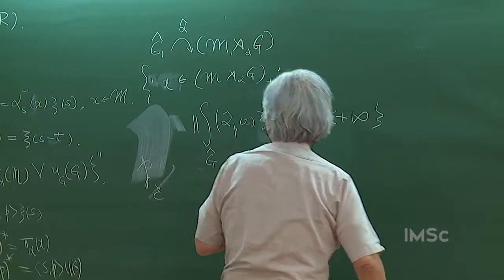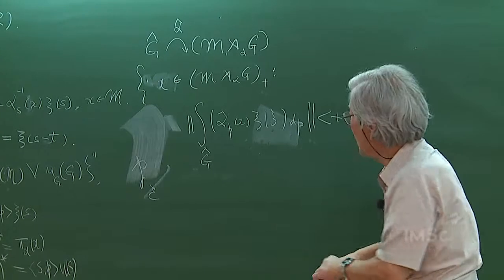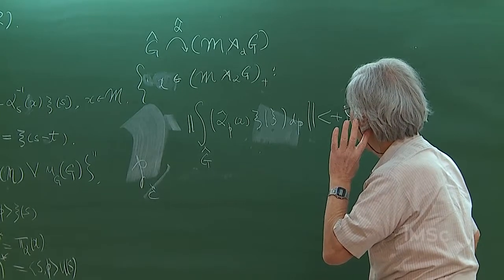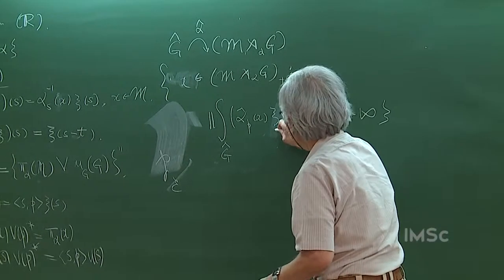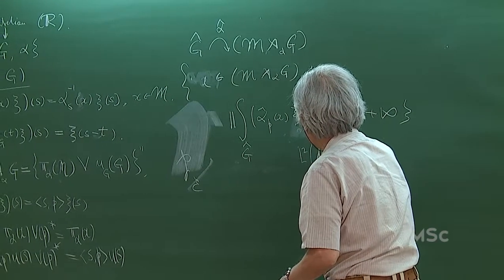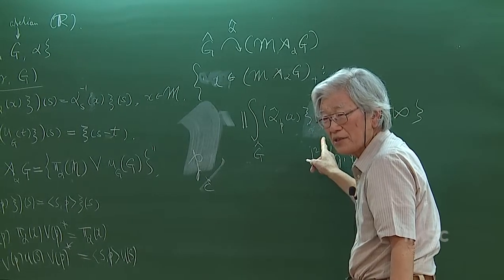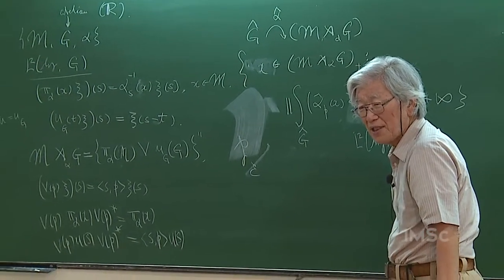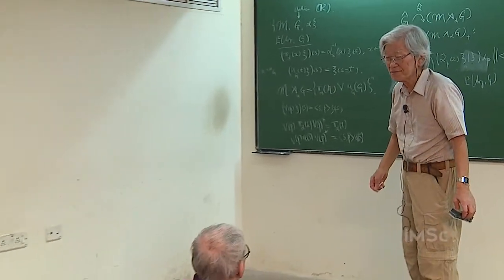For every Xi, it is a scalar. You've taken an inner product, and this Xi is in L2(H, G), so the inner product makes sense. That is a scalar. So the integrand is a number.